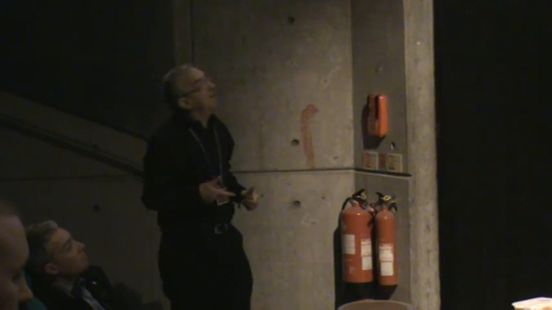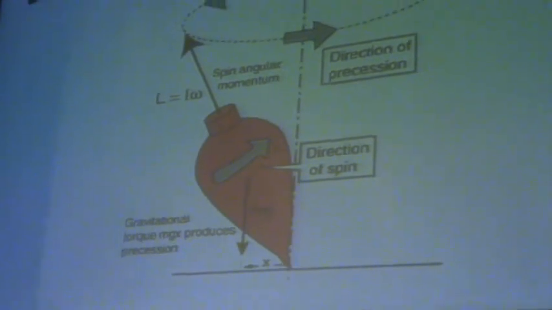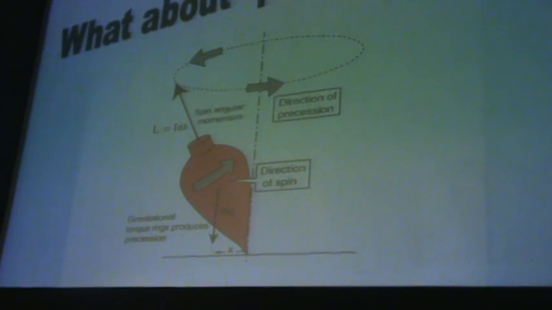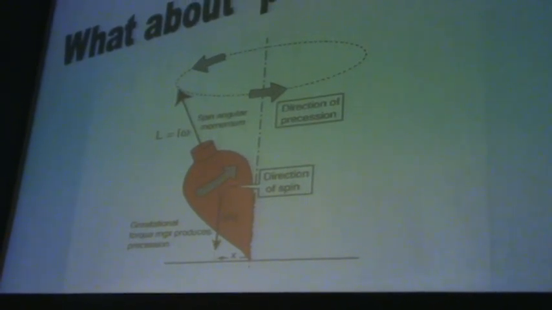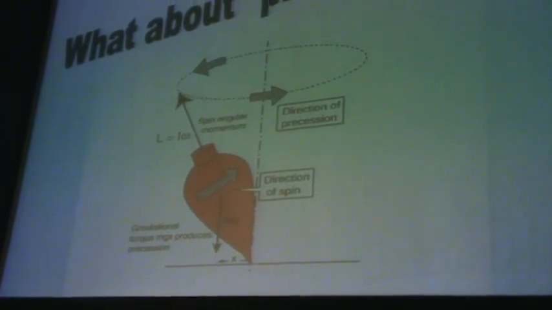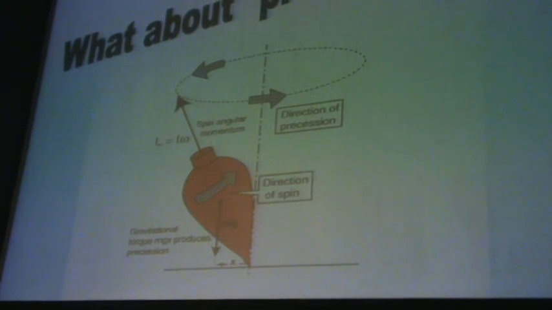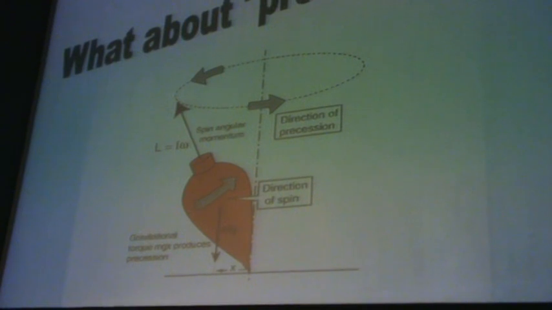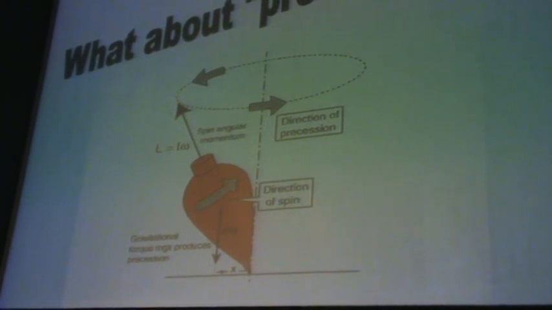So if we move on to the next slide, what we call precession is where a top, we pretend this is the top so everybody can see, begins to slow down and topple slightly, and it precesses around the axis like that. And that precession is caused by the couple of gravity.